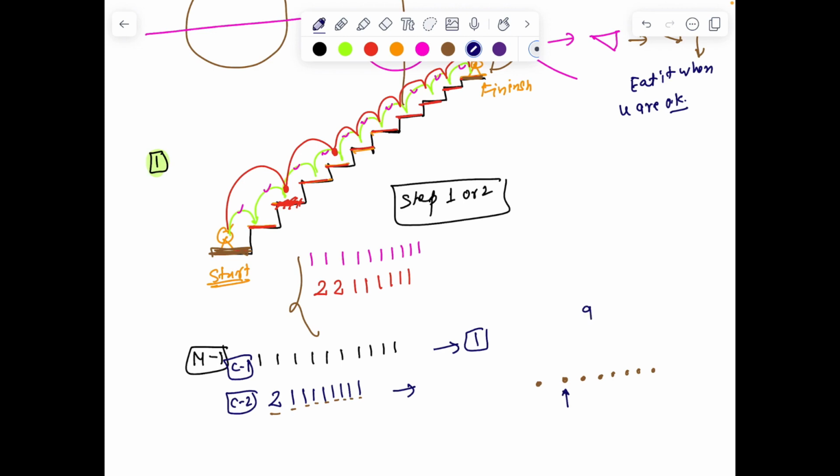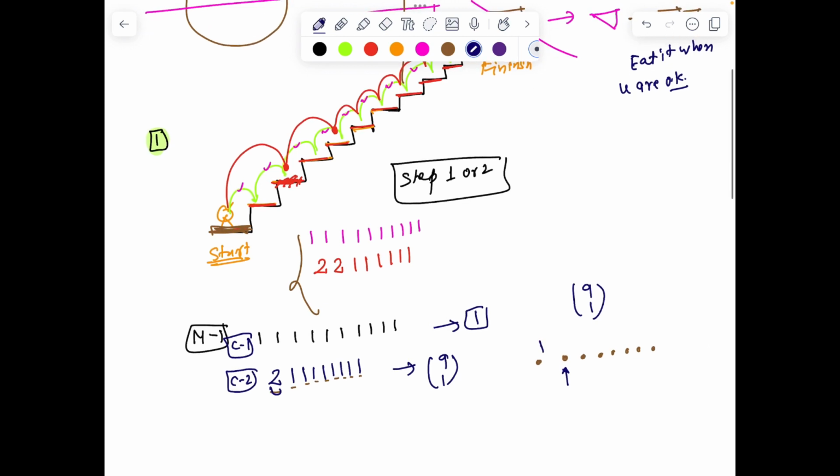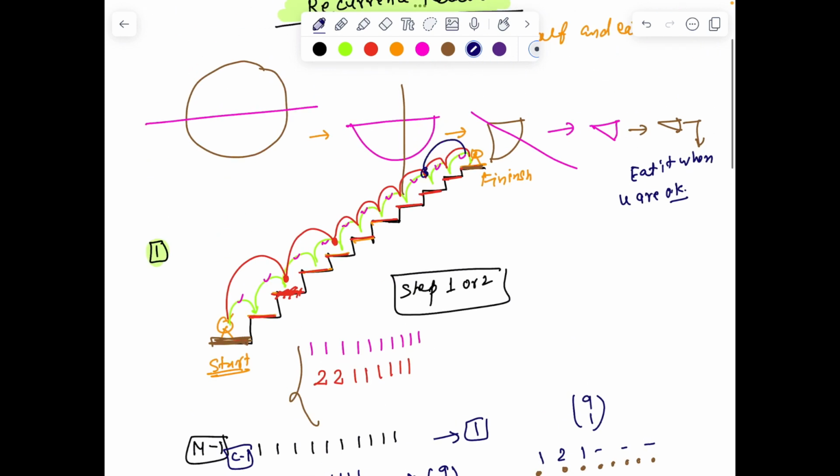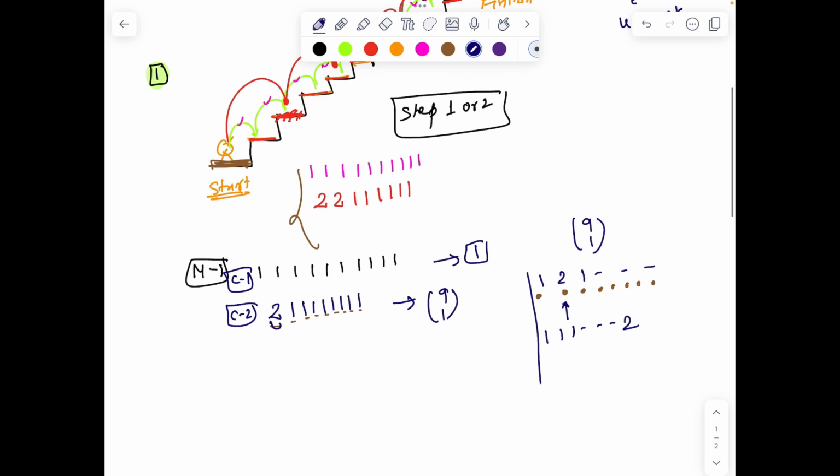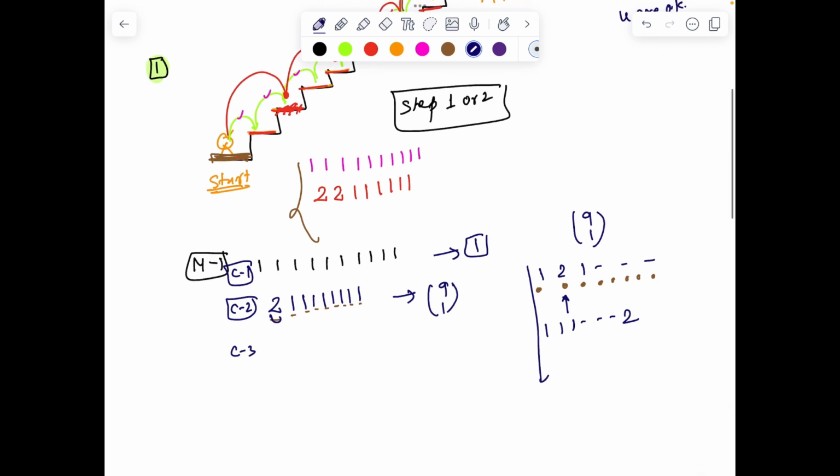If I select any one point out of 9, 9 choose 1 is the number of ways of taking one step of 2 and the remaining steps of 1. So that is 9C1. Is this clear? Because I could have taken 2 and then all remaining 1s, or 1, 1, 1, 1, and the last step jump of 2. So many cases will come here.